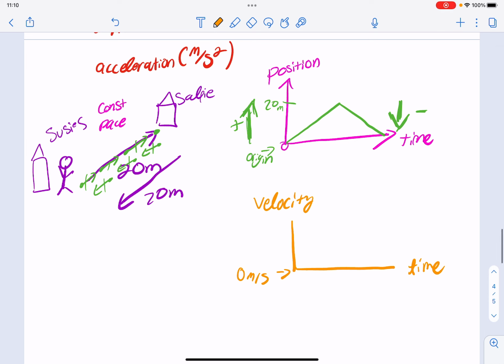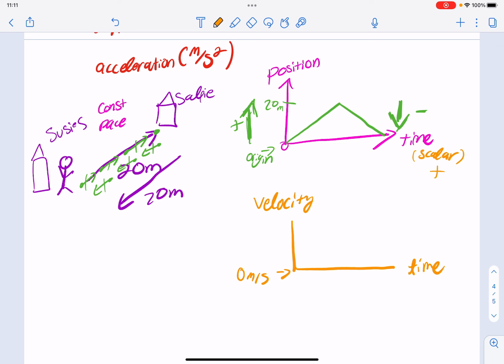Okay? Time always moves forward. We haven't discovered time travel yet. So time is a scalar, and it's always going to be moving positive. There's no such thing as negative time.